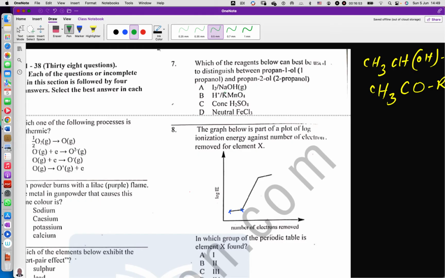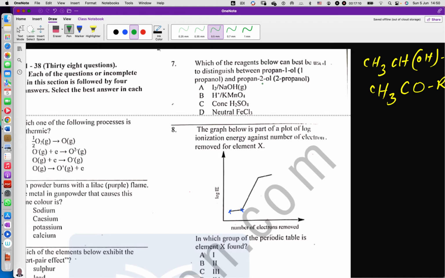This reagent is used to identify secondary alcohol, especially propan-2-ol, for example.